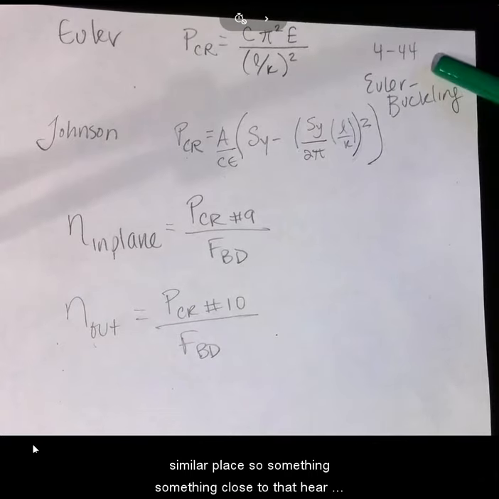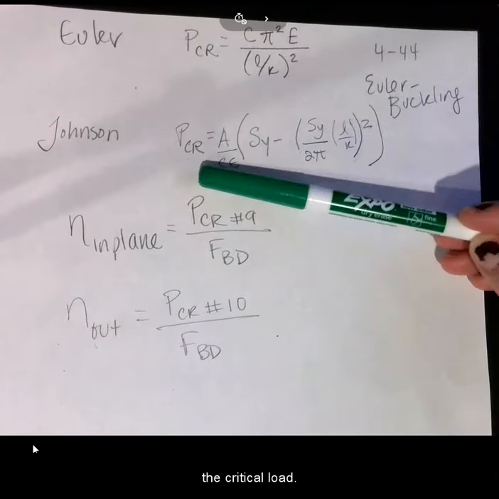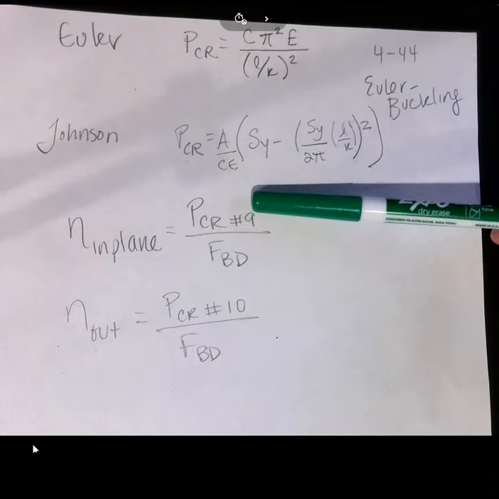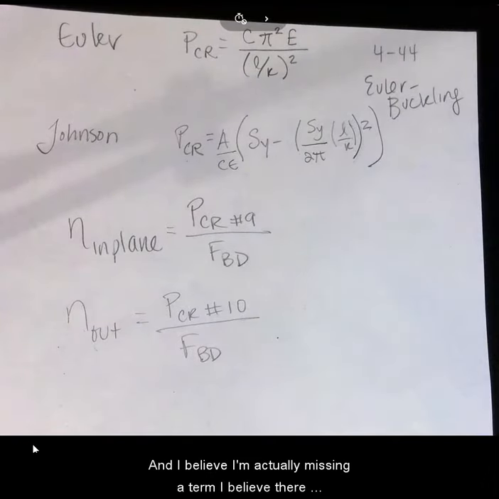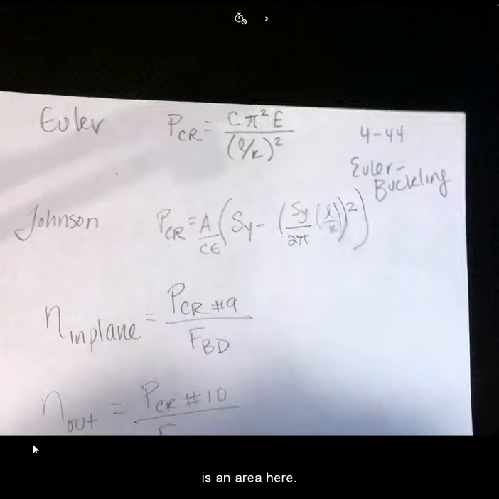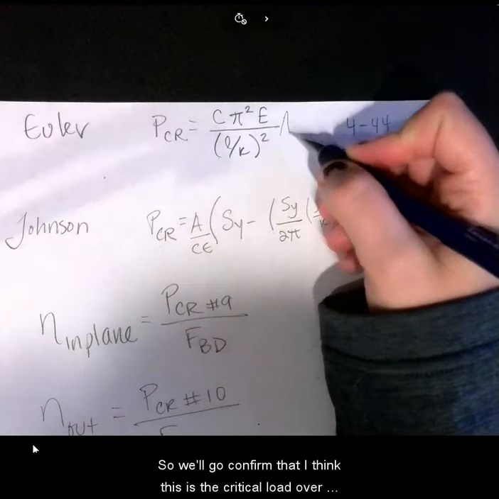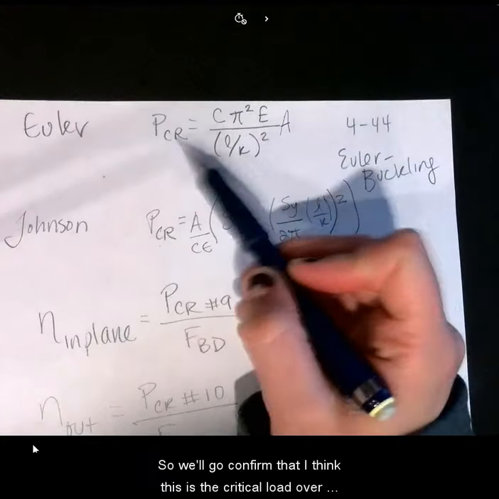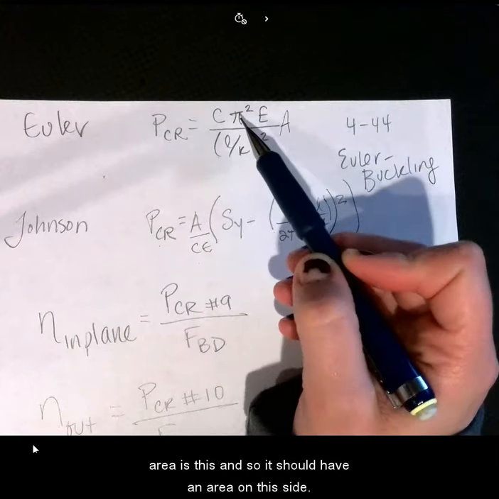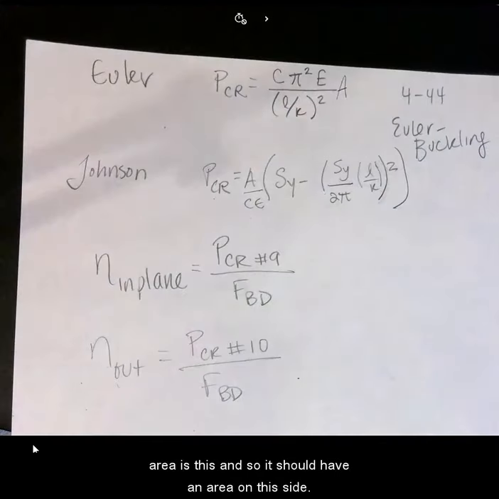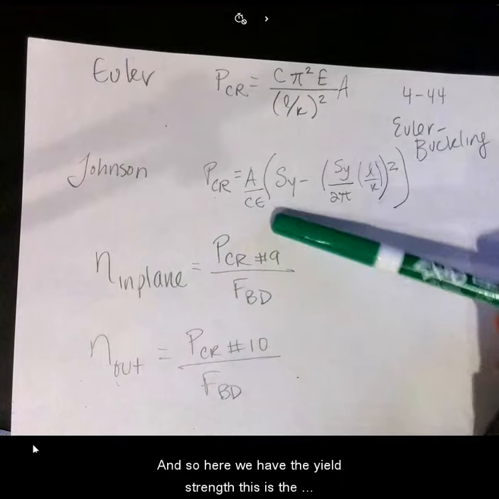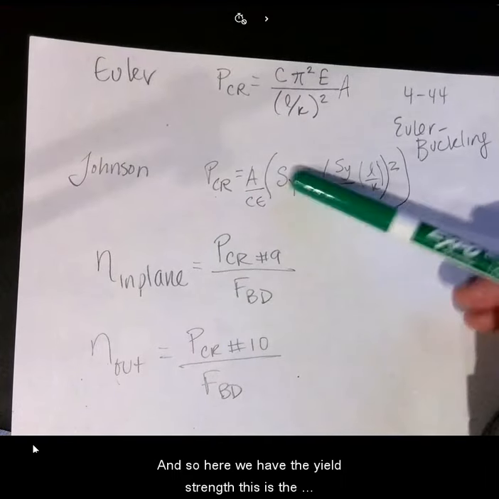For the critical load, I believe I'm actually missing a term. I believe there is an area here, so we'll go confirm that. I think the critical load over area is this, so it should have an area on this side. And here we have the yield strength.